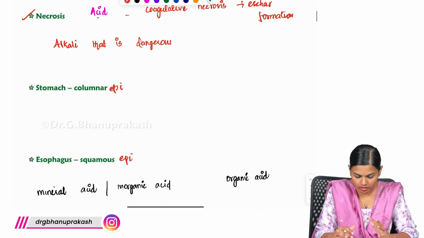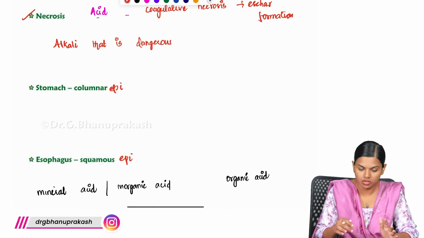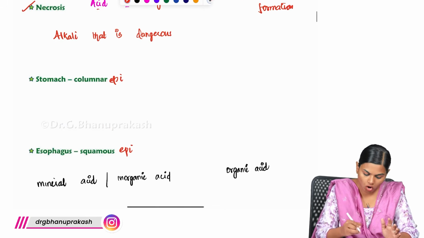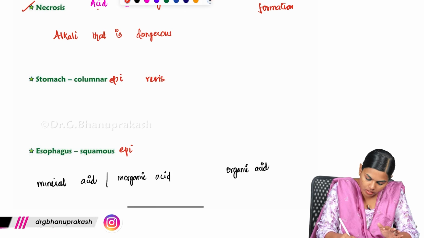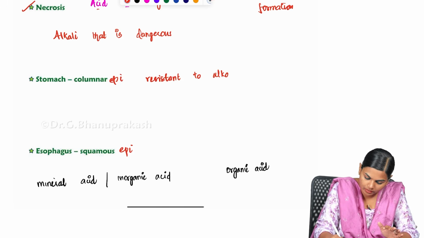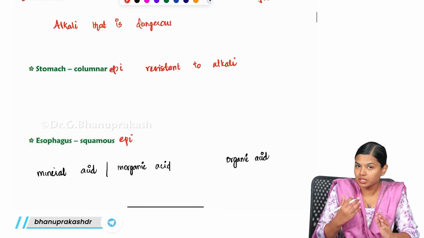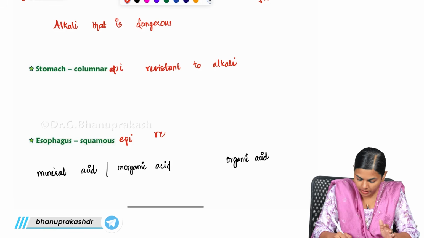Between the stomach and esophagus, the most important thing is that the columnar epithelium of the stomach is more resistant to alkali, and the squamous epithelium of the esophagus is resistant to acid.